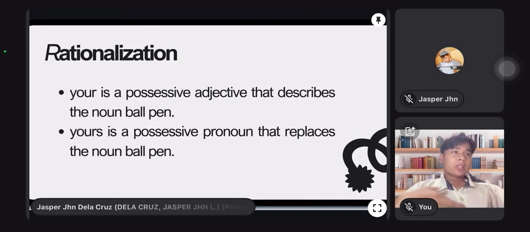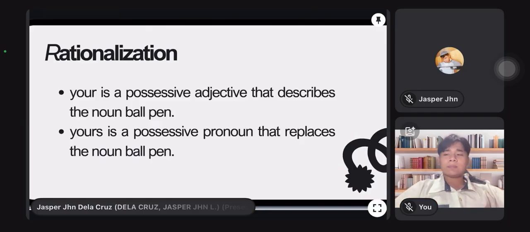The word your is an adjective because it comes before a noun, so that is a possessive adjective. Yours is a possessive pronoun because it replaces the noun.